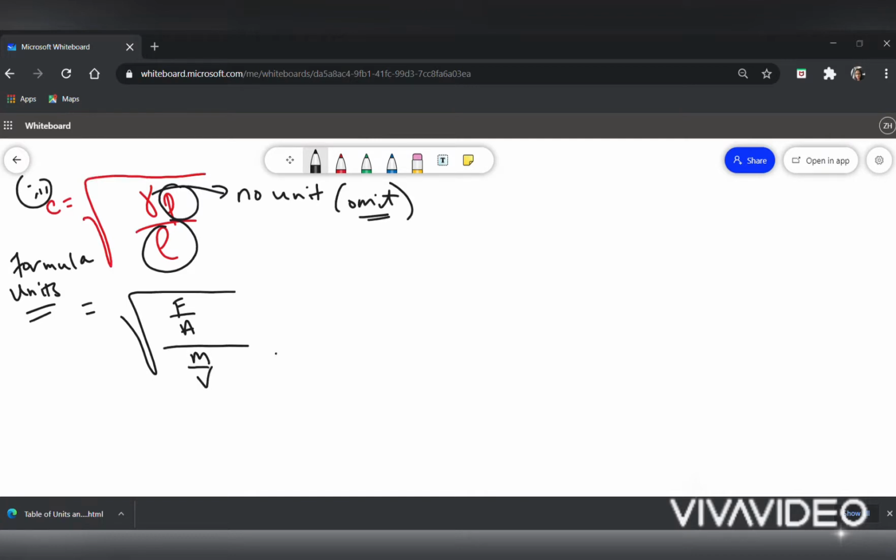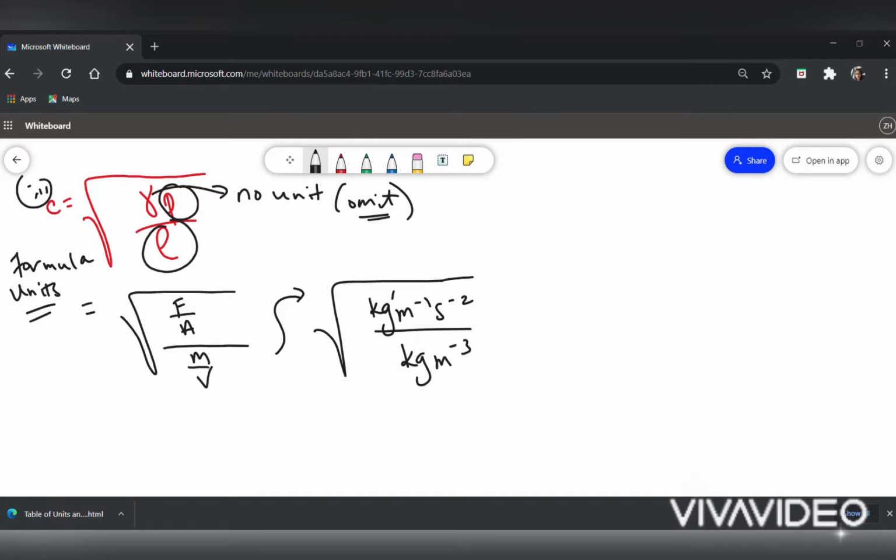We can now break that down into the units for each of them. The unit we had for force over area, which we wrote down before, is kilogram per meter per second squared, over our unit for volume density, which we already knew, kilogram per meter cubed.